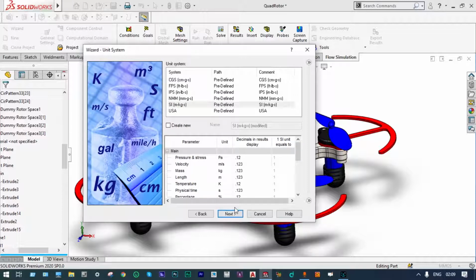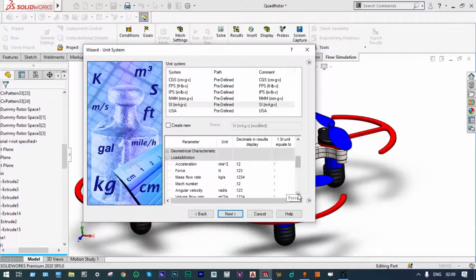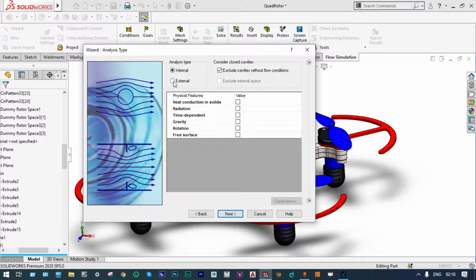Next, it will be SI system, and pressure we'll consider as Pascal, temperature as degree centigrade, and the angular velocity we'll consider as rotations per minute or revolutions per minute. Next, it will be an external analysis, and we have to exclude cavities with flow conditions and also exclude internal spaces.